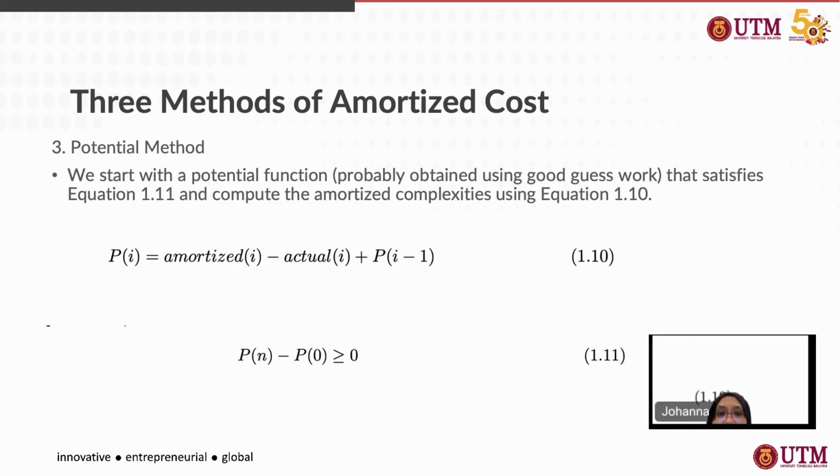And the last one is the potential method, where the potential function is probably obtained using good guesswork that satisfies this formula. Here is the amortized cost, the actual cost, and the potential cost, and we make sure the potential is greater than or equal to 0.